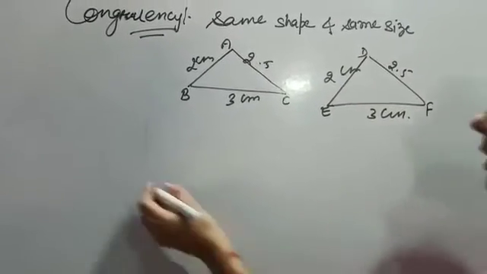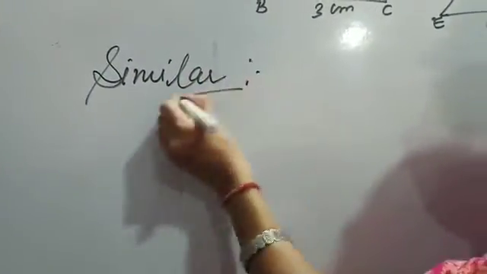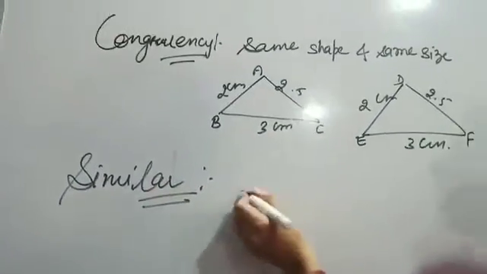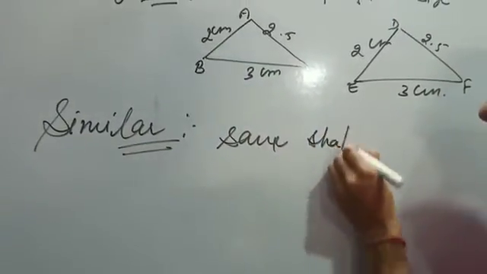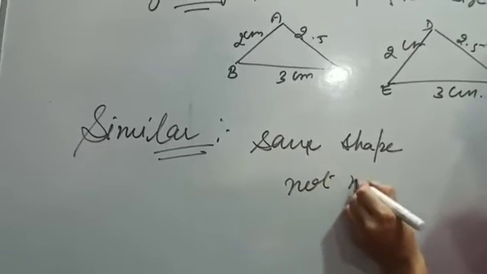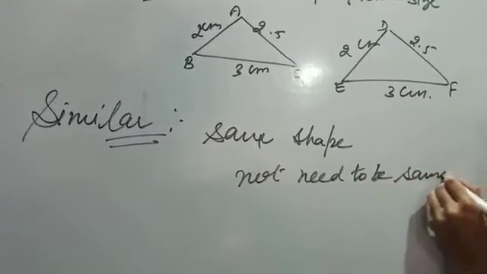In this chapter we will discuss similar figures. Now what are similar figures? For similarity, there must be the same shape, but they need not be the same size.